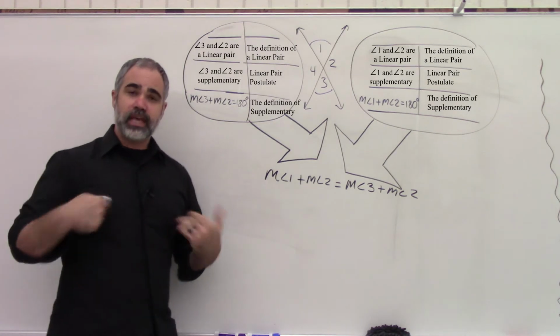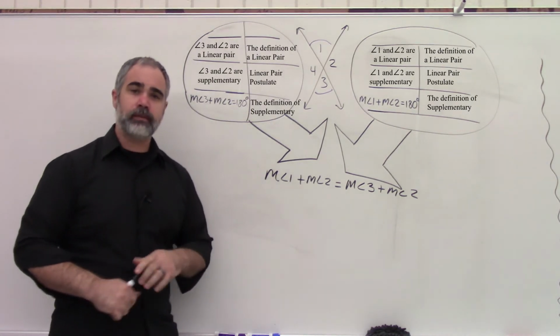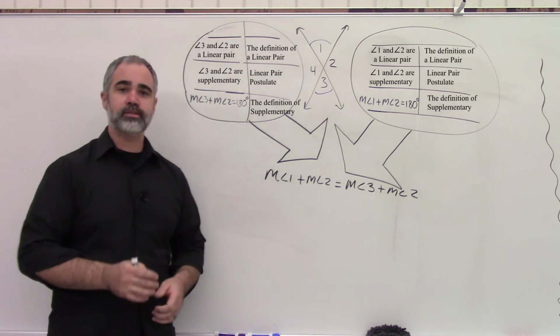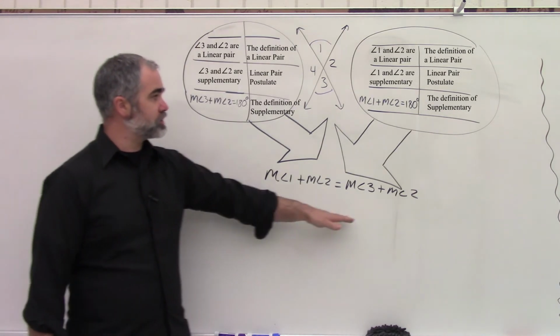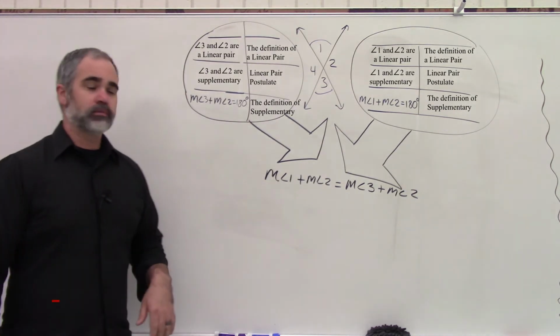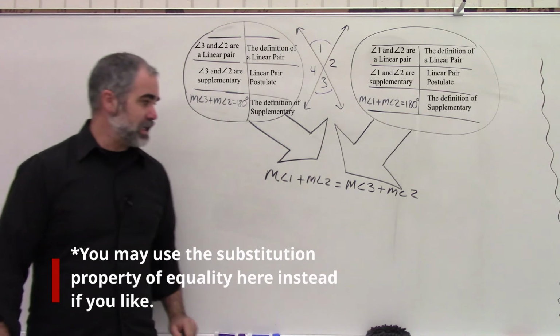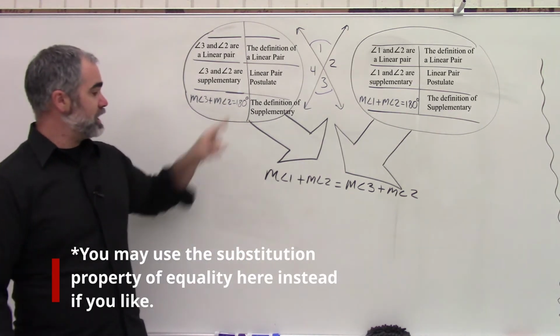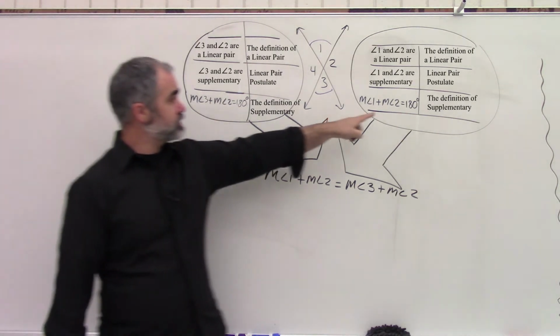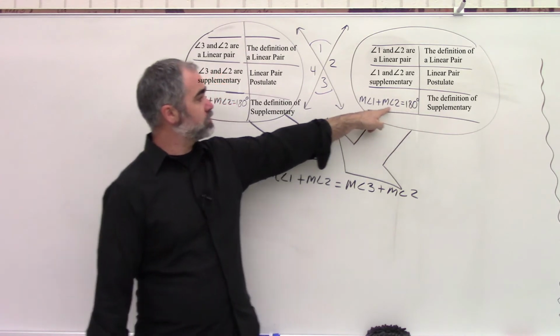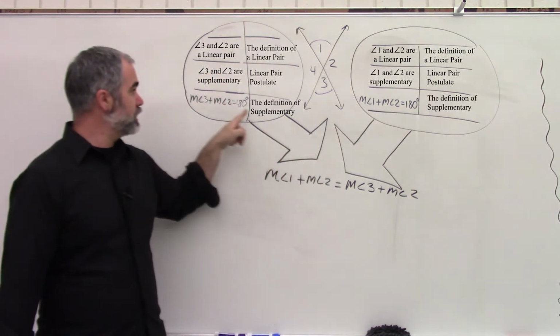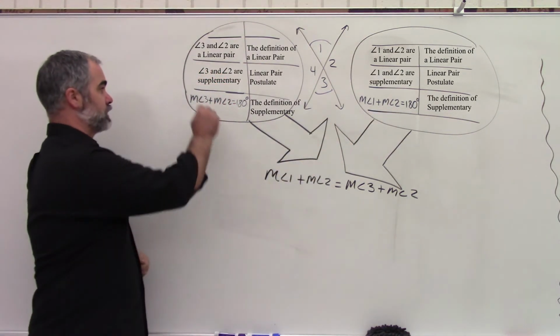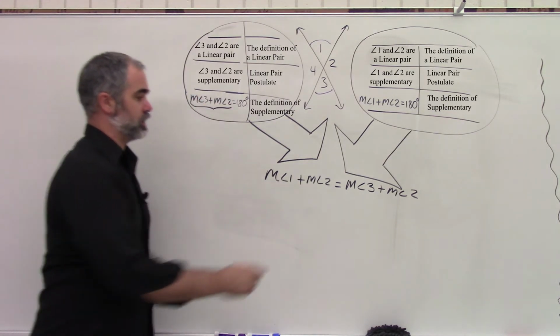Now, my justification for this, if you watched the last video, if I'm doing multiple substitutions at once, it's going to be the transitive property of equality, because I've substituted more than one thing in here. I've replaced 180 in this diagram, right? These 2 add to be 180. I've replaced 180 with what 180 equals to. So that's right here.